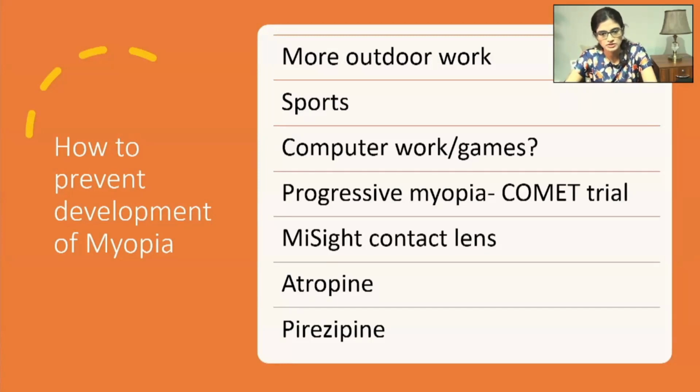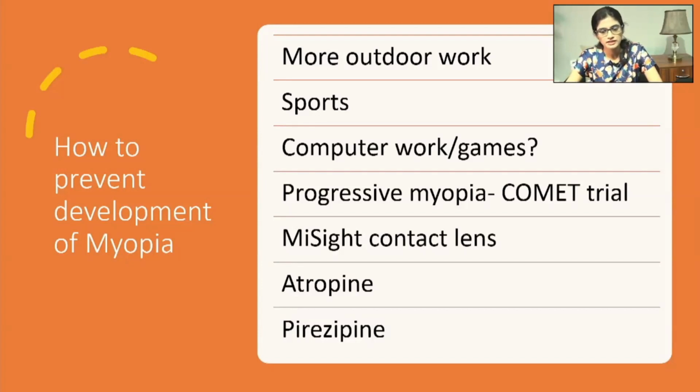Because of that, the development or progression of myopia would be less. Outdoor sports, the same mechanism. Computer work and games actually haven't really shown a correlation with development or progression of myopia, but of course it is beneficial to limit one's time spent on computers.